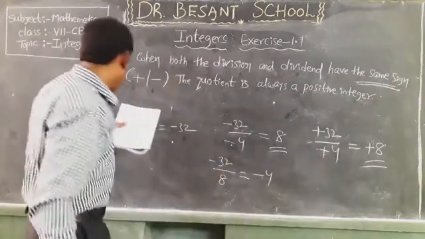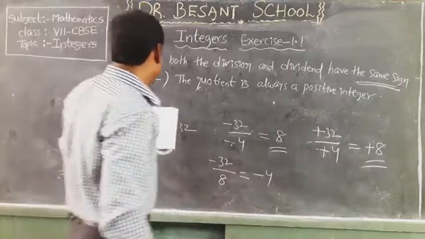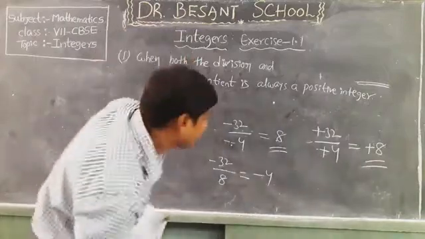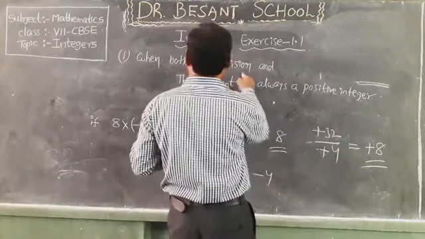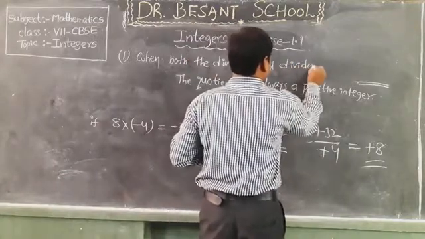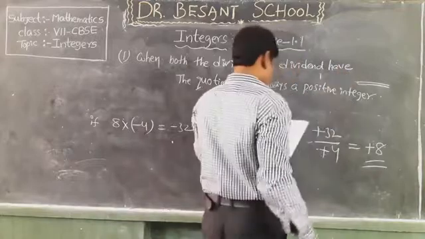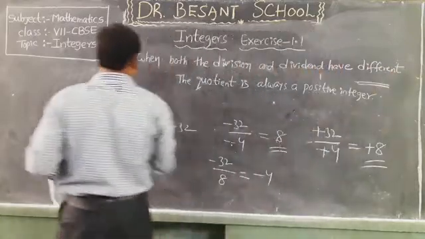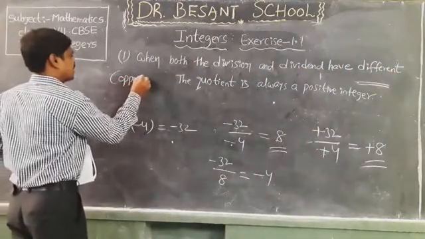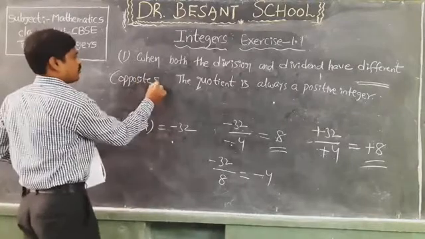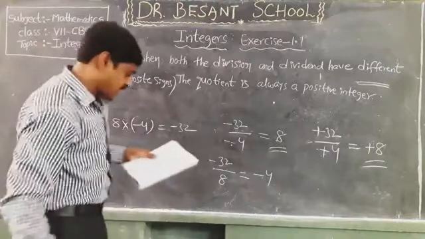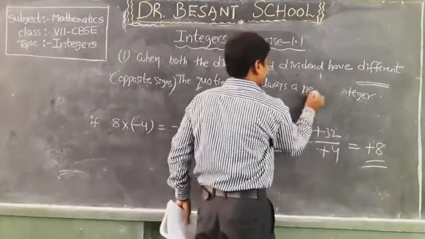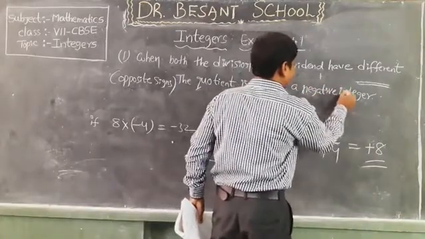Okay, next, when the divisor and dividend have different, meaning opposite signs, the quotient is always a negative integer, always negative.